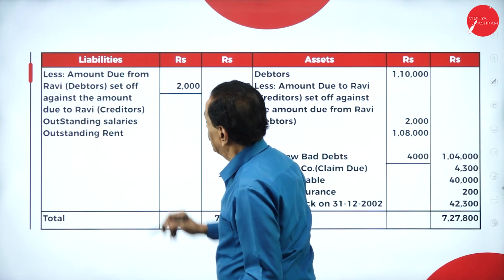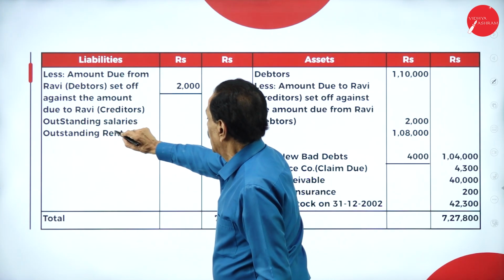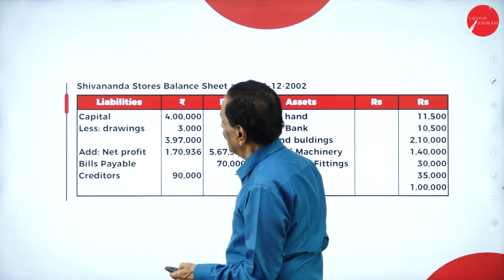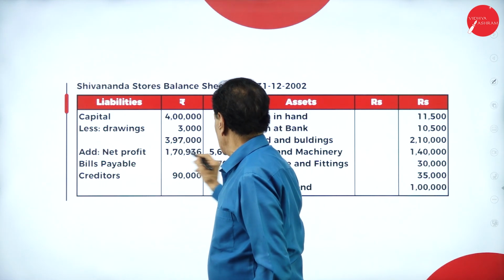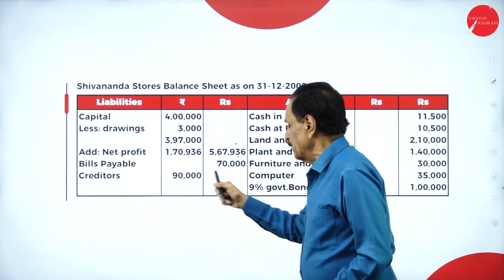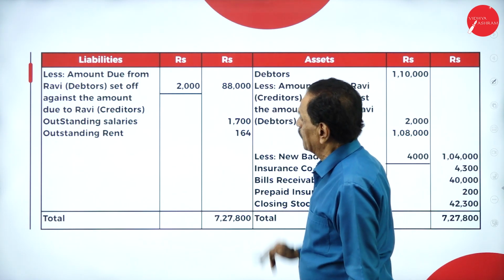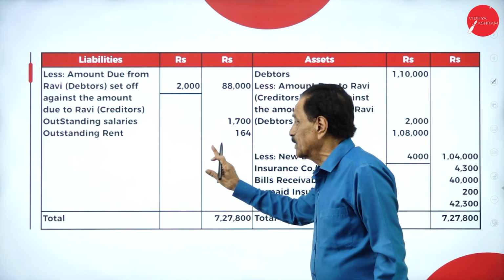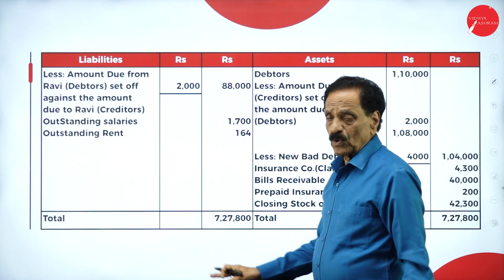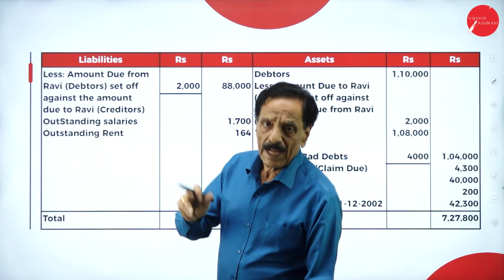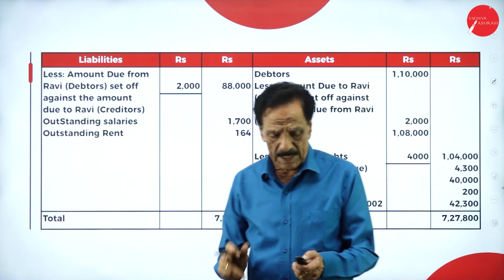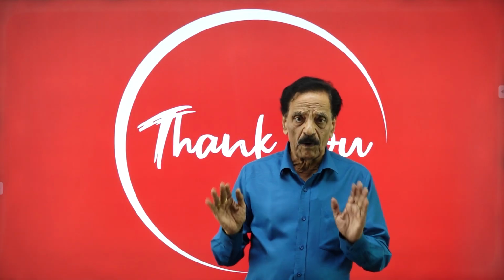So this is a mutual adjustment, less amount. Then outstanding salary. Then here capital, less drawing, add net profit, bills payable, creditor is 90,000, mutual adjustment 2,000, it becomes 88,000, outstanding salary, outstanding rent. So totally it will tally for 7,27,800. We have solved the problem here.